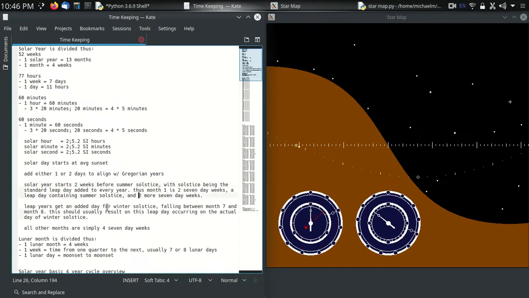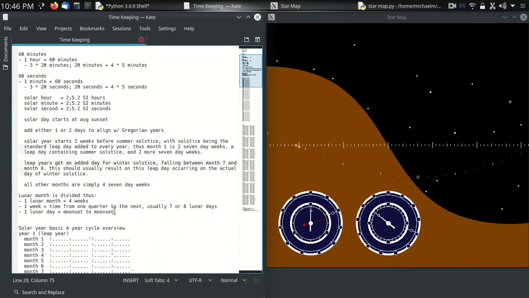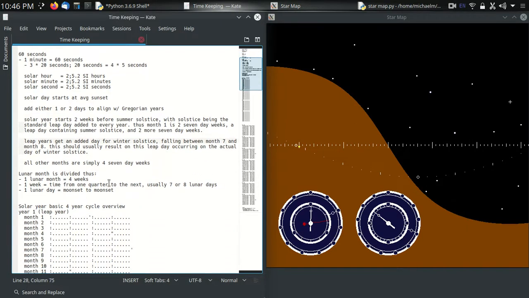But the winter solstice will fall between month 7 and month 8. And that should be within a day or two of the winter solstice, that leap day. But because everything is so rigid, things can wander a little bit. And then every other month is just 4 7-day weeks.